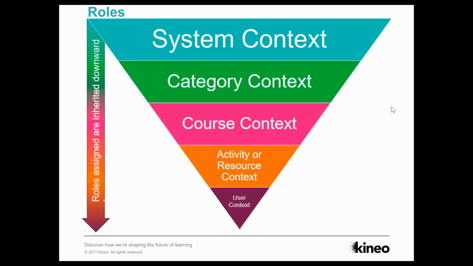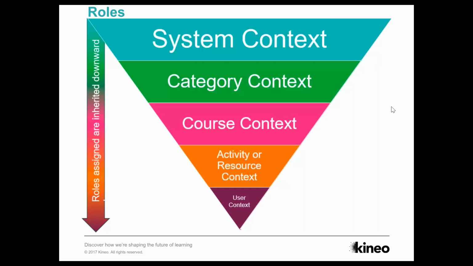Those roles can be assigned in multiple different contexts. A lot of times when we're training or showing you the system, you may hear us refer to system context. That's at the highest level in the system, and every time you assign a role at a certain context, it is inherited in all of the contexts below.